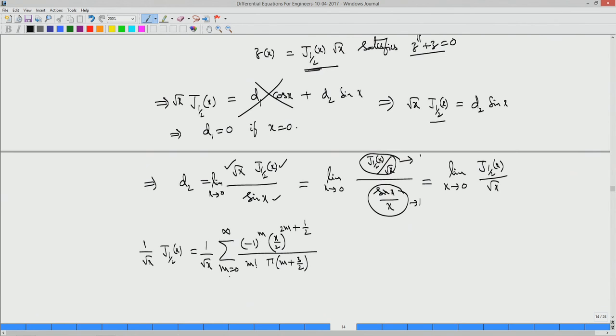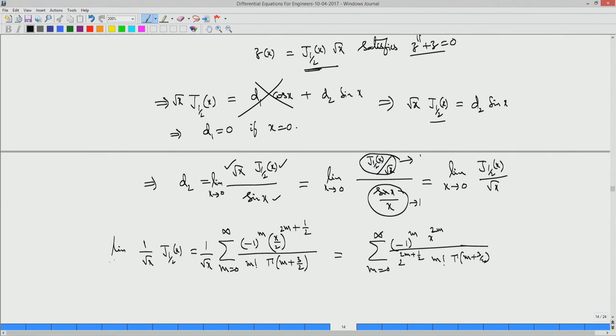If I divide with this, you will get the sum over m from 0 to infinity of minus 1 power m, x power 2m divided by root x, and I have 2 power 2m plus half into m factorial gamma of m plus 3 by 2.